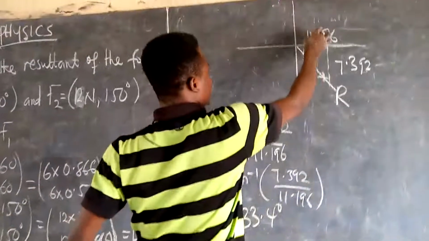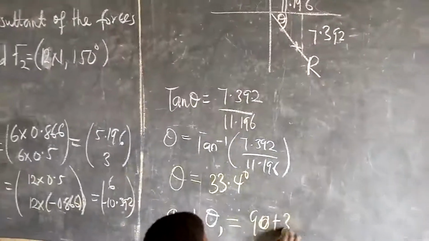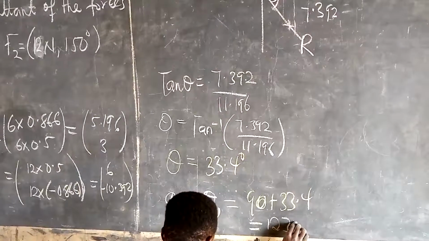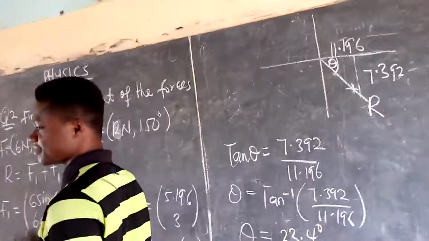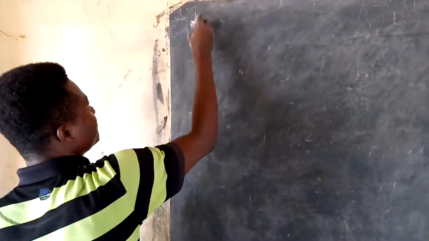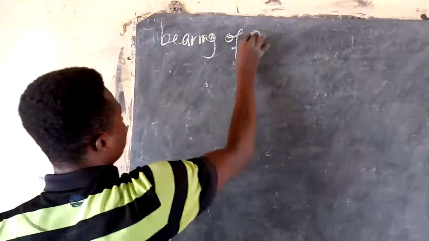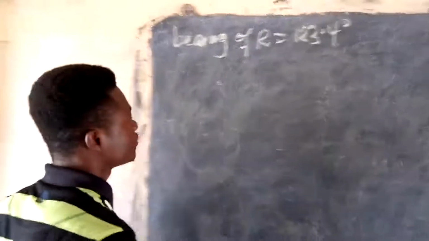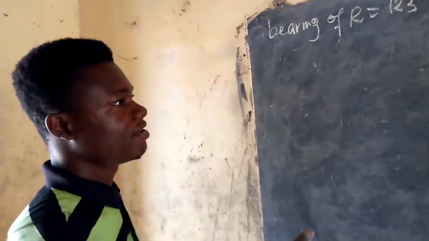Because 90 is here, you add it to theta before you get a bearing. So 90 plus 33.4 gives us 123.4 degrees. So the bearing of R is equal to 123.4 degrees.